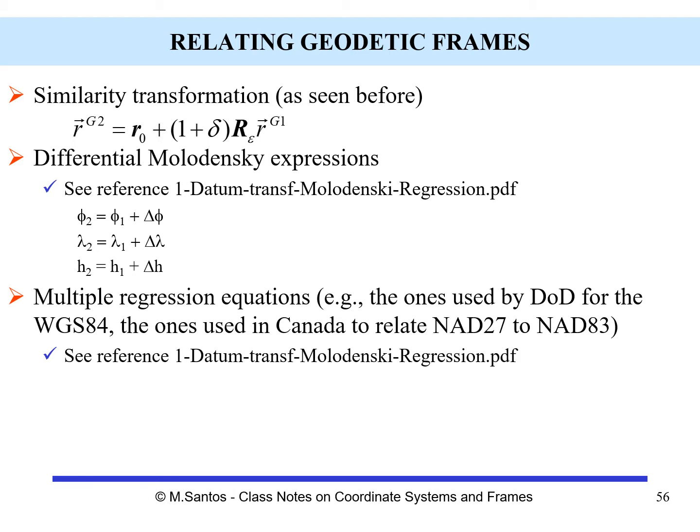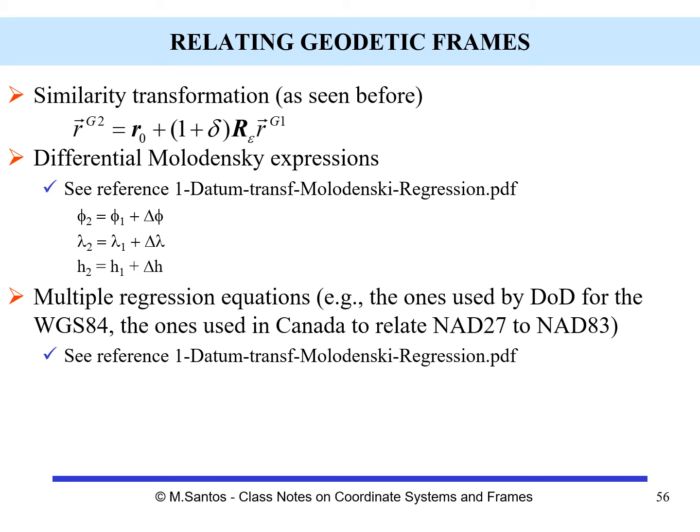The first one is the similarity transformation that we discussed before. Similarity transformation, Helmert transformation. The second one is the use of the so-called differential Molodensky expressions.